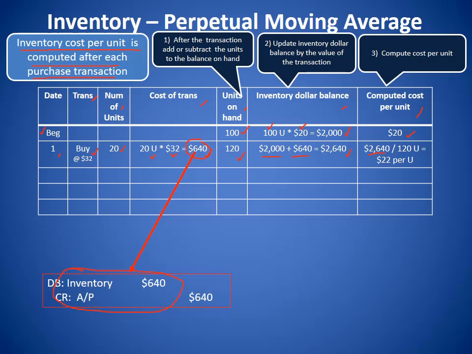Now I'm going to divide it by the number of units on hand, which is 120. So now my cost per unit is $22 per unit. It is no longer $20 per unit. The cost now is $22 per unit based upon a perpetual moving average basis.